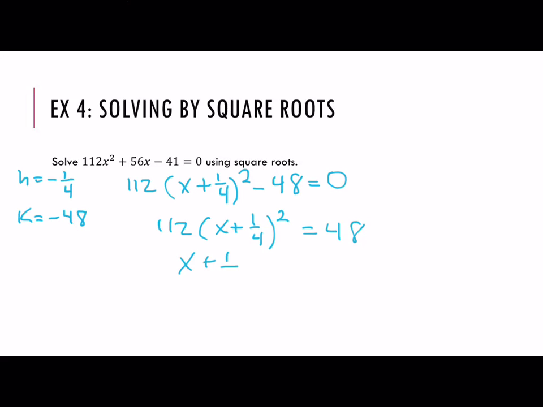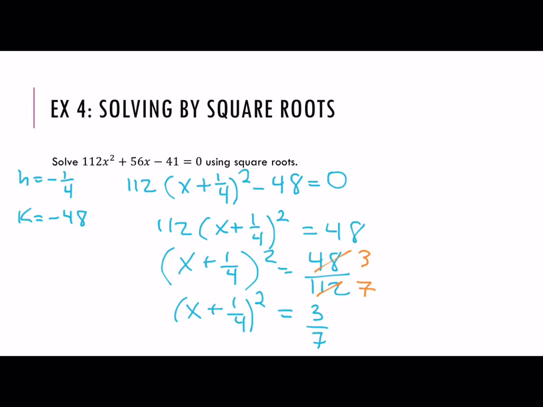So divide by 1/12. Alright, now 48 over 1/12 can be simplified. So I'm going to go ahead and do that now as well. 48 and 112 can both be divided by 16, so that's going to leave 3 and 7.